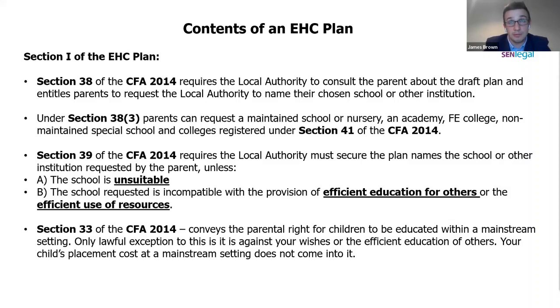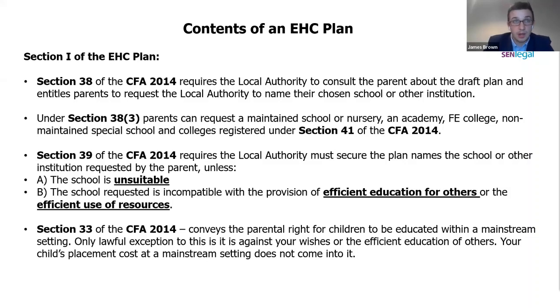So you do have a very strong right for mainstream education to be named in Section I of the plan. Your child's placement cost at the mainstream setting does not come into it. So if a certain level of provision costs too much, and the local authority says, well, we could do that cheaper in a special school, for example, Section 33 gives you a veto on that, and you can simply say no, and the local authority in compliance with Section 33 would not be able to name that special school in the plan.